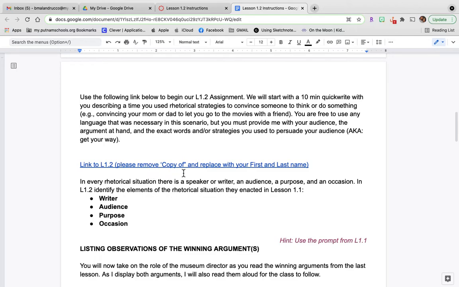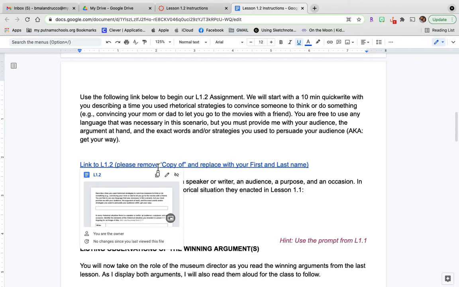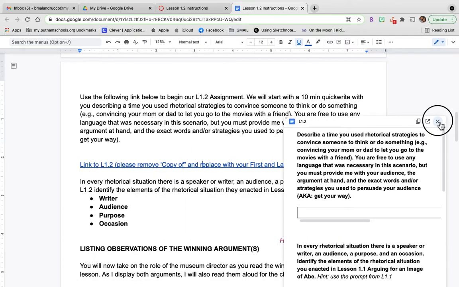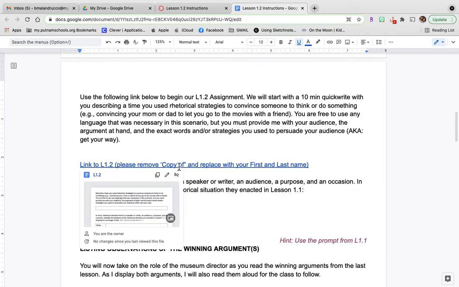Again, please remove copy of and replace with your first and last name. So we're going to click on this. Oh, I don't know why it's doing that. I don't like that. Click. There we go.